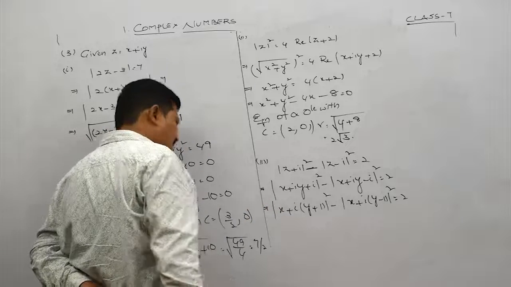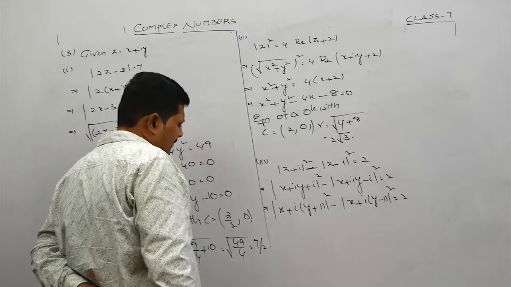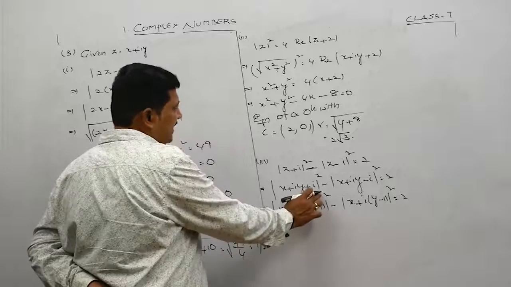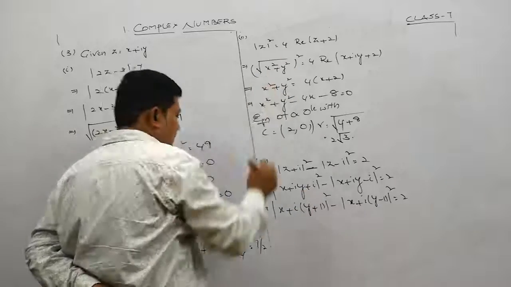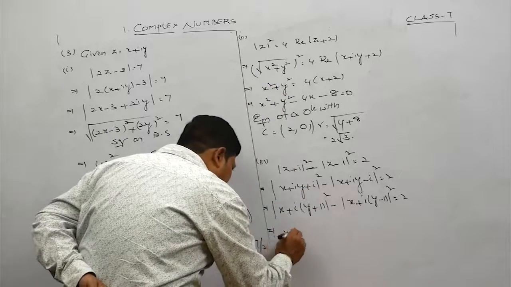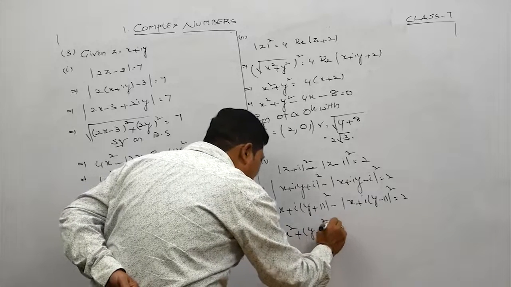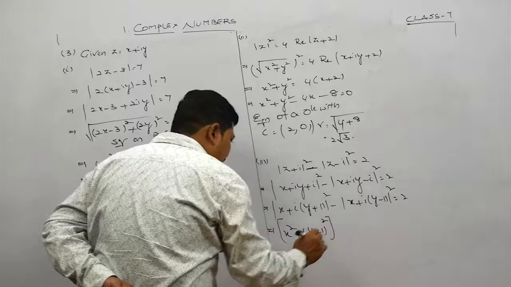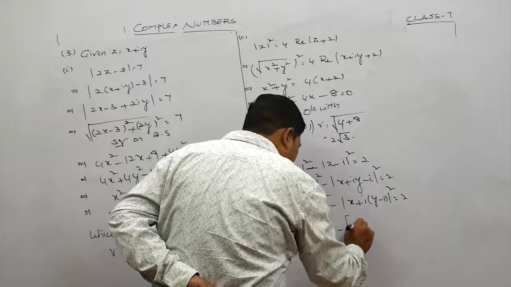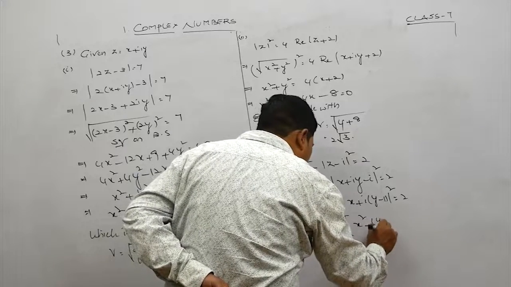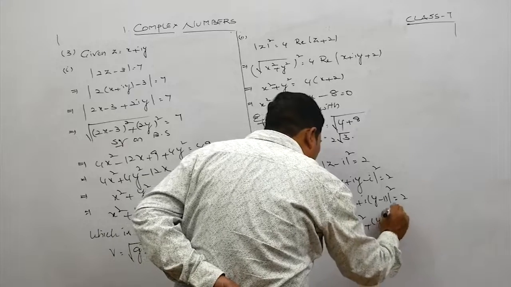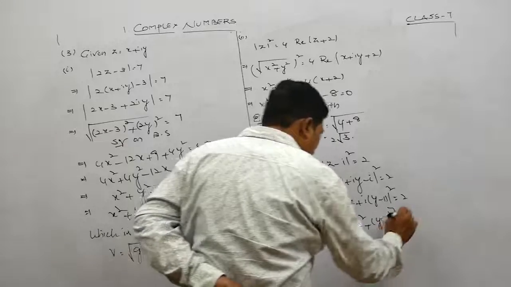Again, root mod a plus ib is root of a square plus b square. Already square undi pi case lo manam chesam, so direct ga raseddam x square plus y plus 1 whole square, దీనికి బ్రాకెట్ పెడదాం, minus x square plus y minus 1 whole square is equal to 2.